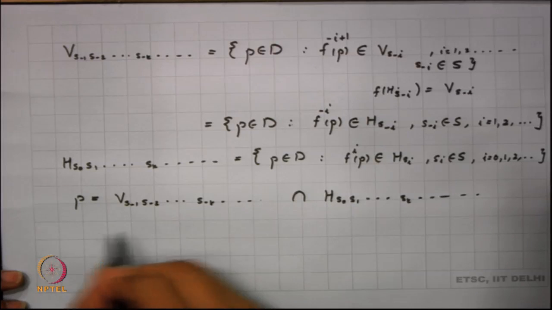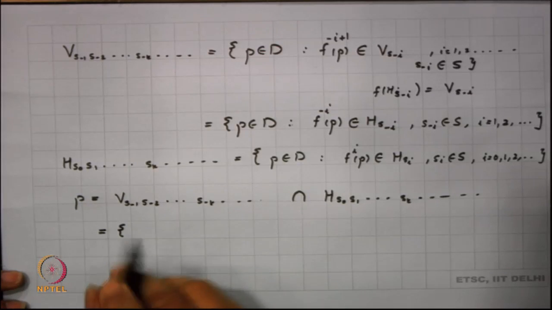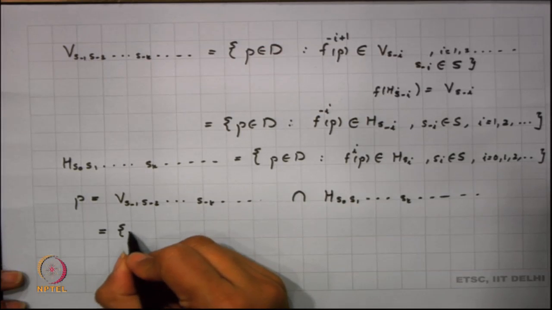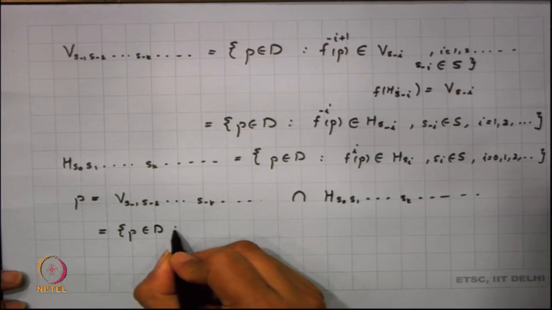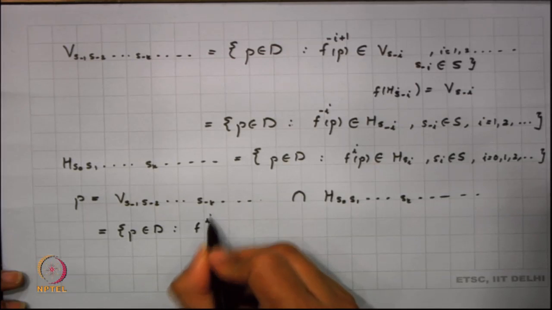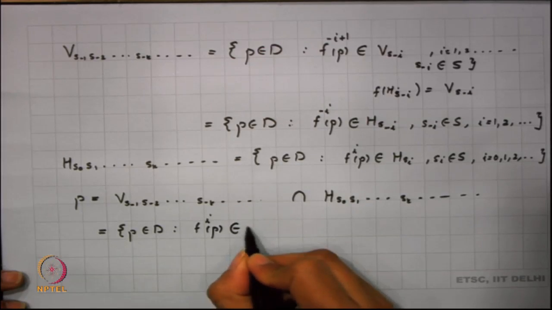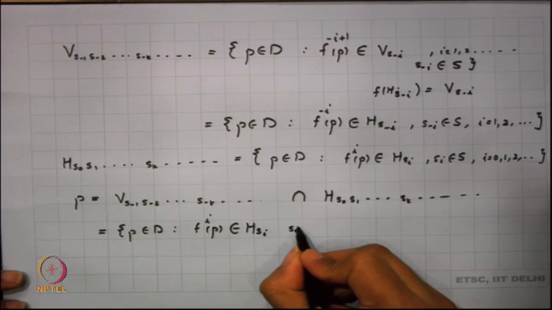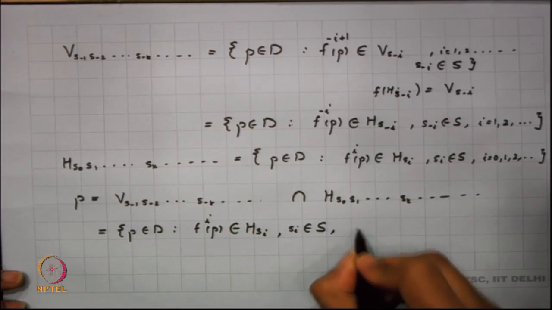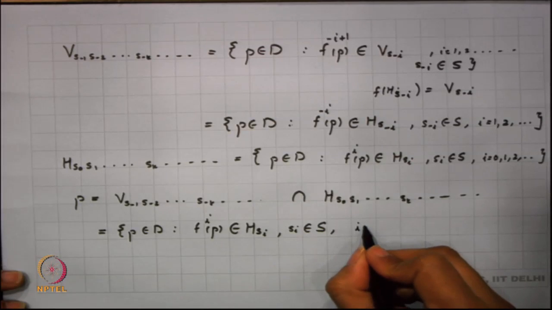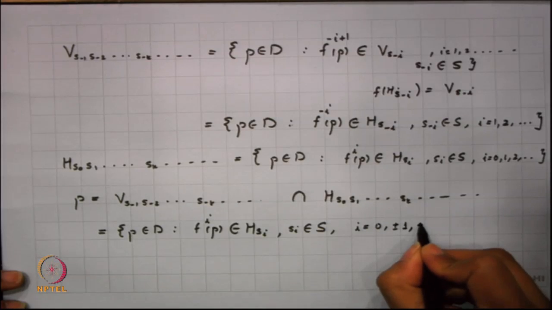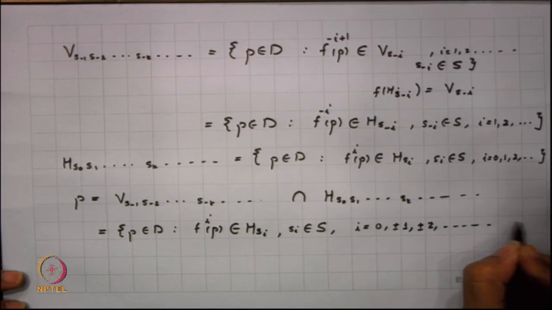So this is basically a singleton element, and this singleton is the set of p in D such that f^i(p) belongs to H_{s_i}, where s_i belongs to S, and i varies over 0, plus or minus 1, plus or minus 2, and so on.